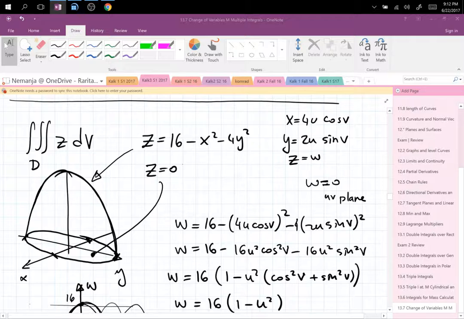Now, do we treat this u, v, z like cylindrical coordinates and say that v goes from 0 to 2 pi? Right? These are like cylindrical coordinates. Also, what would be the difference between pi and 3 pi?